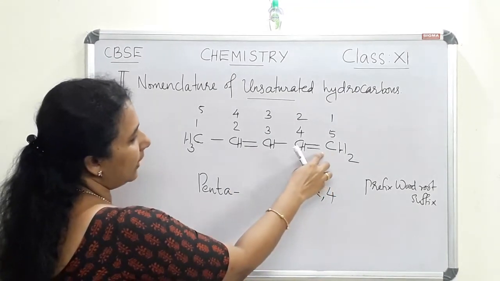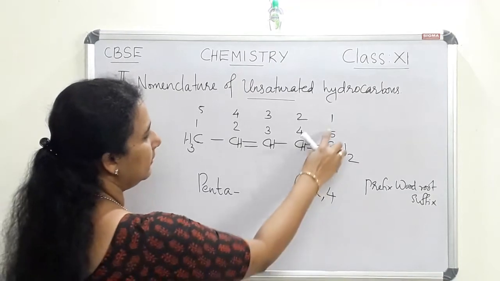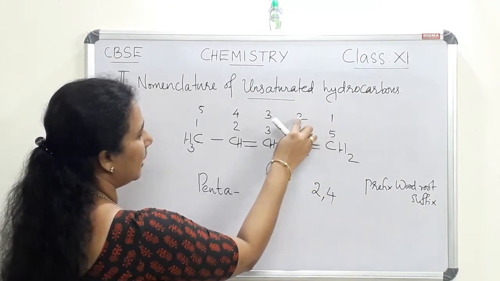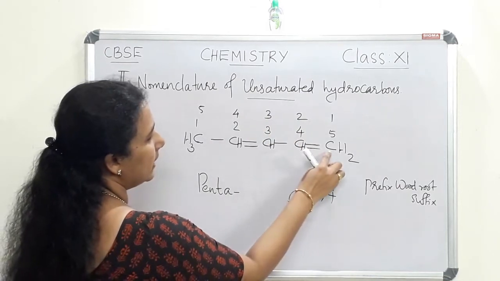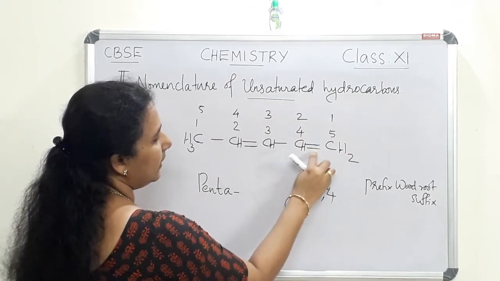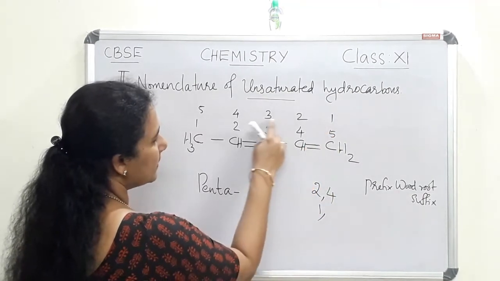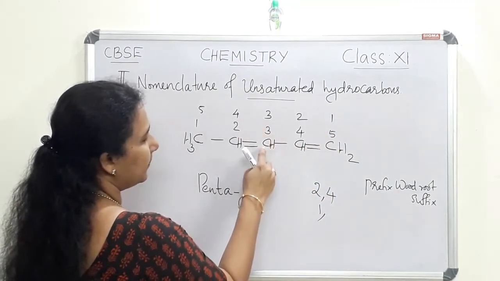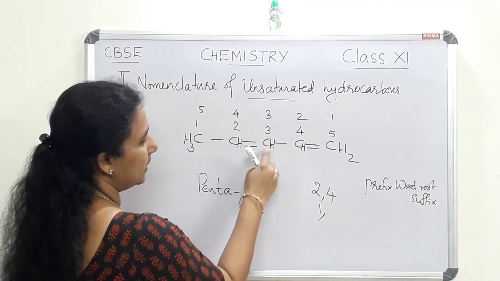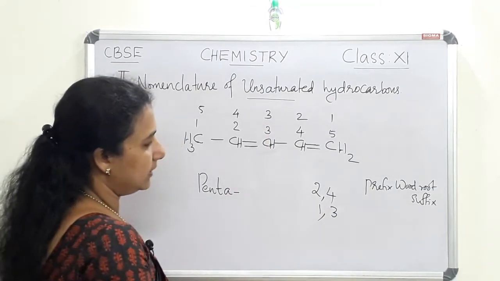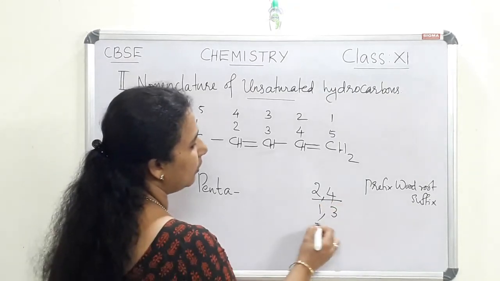Another set of locants also is seen here. If the numbering is from right to left, we can see the first carbon has the multiple bond. So the locants are 1, then comes 3. So the third carbon atom has a multiple bond. So the locants are 2, 4 and 1, 3.